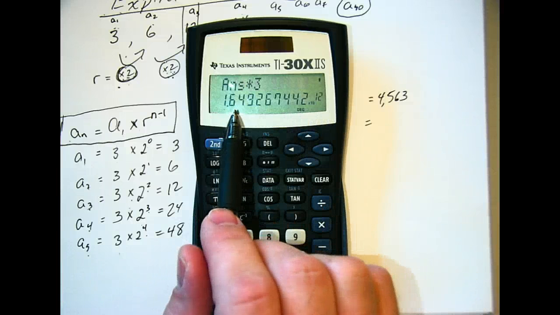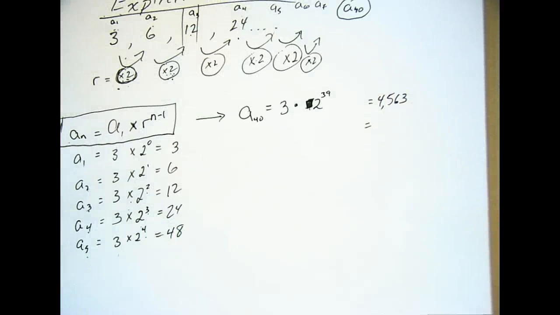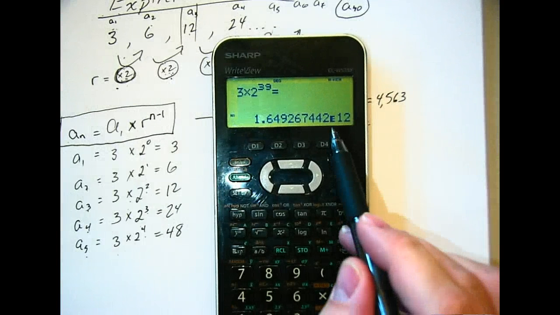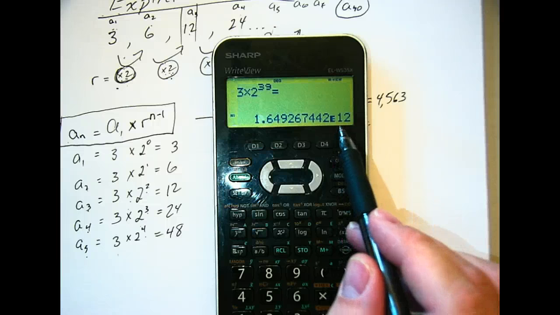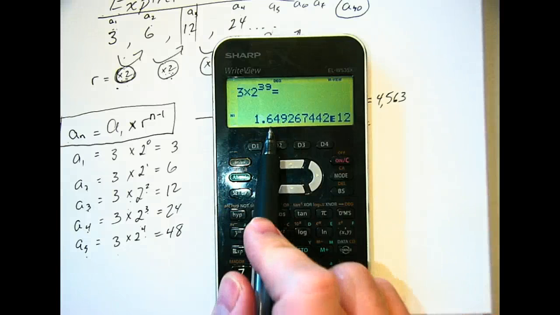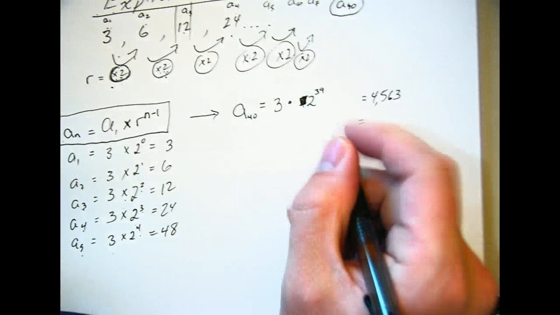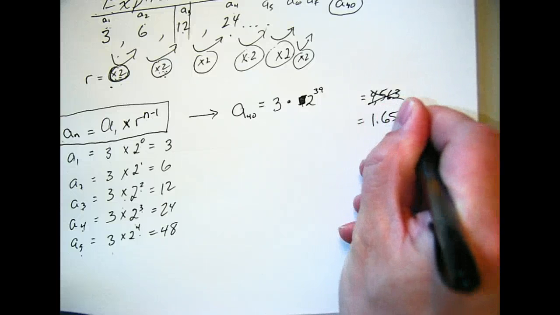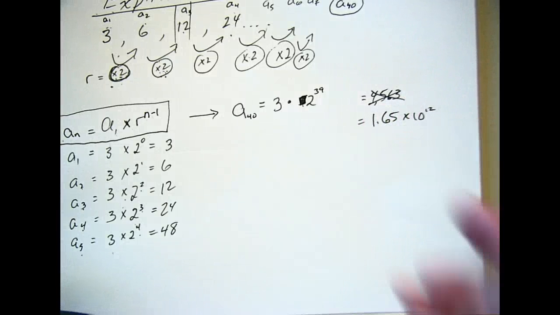So this is 1.6 times 10 to the 12. And then here's another way you'll see it on a calculator. They won't show the times 10. They'll put a little e. That just means times 10 to the 12. Okay, but either way, 1.65. Let's write that. So this wasn't quite right. 1.65 times 10 to the 12th power. Okay?